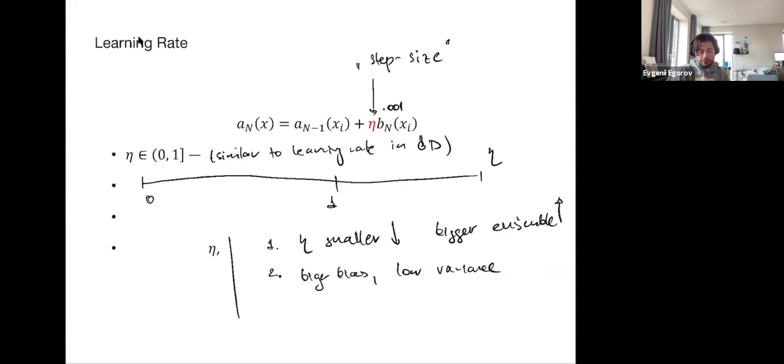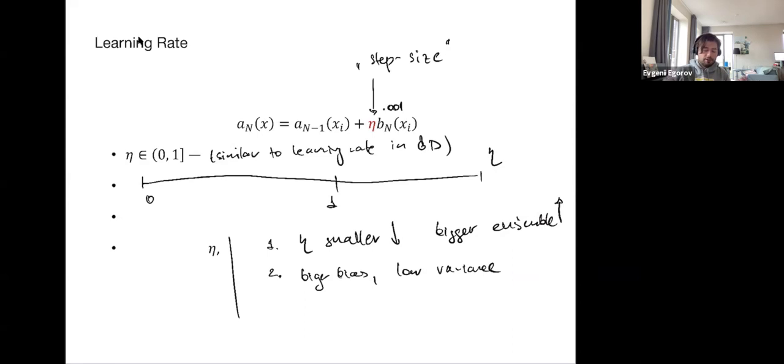Yeah, because it's hard to say something very general for any data set, for any base learner. The general recommendation is just to say, okay, this algorithm is really sensitive to the step size, so you need to choose it. Also keep in mind that if you take some expressive model as base learners, then probably you will need a lower step size. If you take some very restrictive base learners, then probably you can take a big step size.